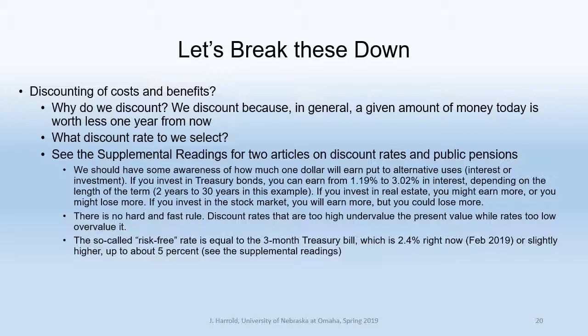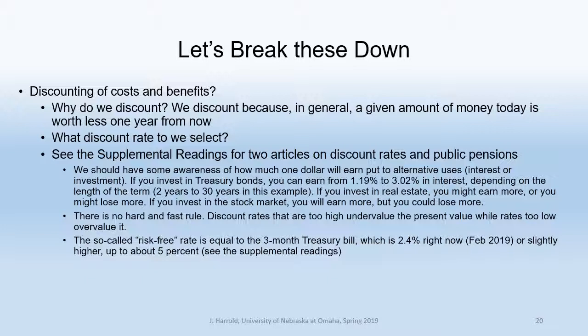So we discount in general because we assume that a given amount of money, say $1,000, today is worth more or less 1 year from now. If I give you $1,000 today, you have to ask the question, if I give you $1,000 a year from now, let's say, I say I can either give you $1,000 today or $1,000 a year from now.